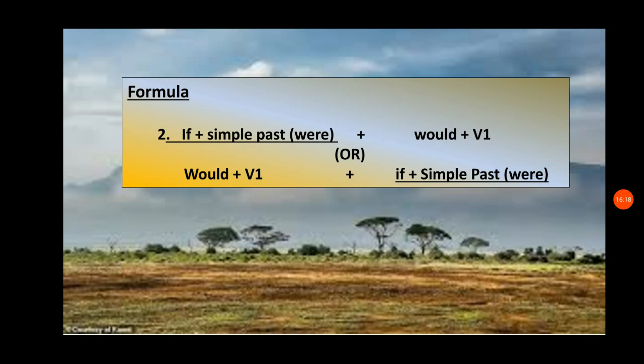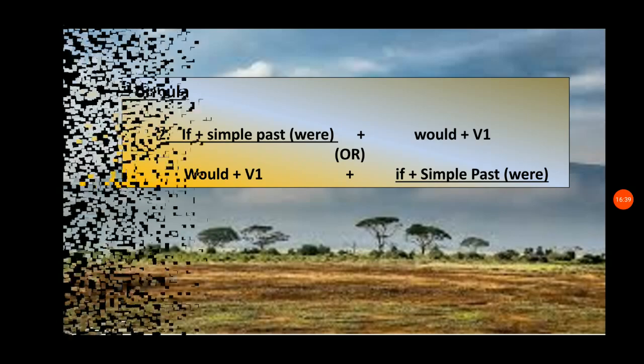But in this condition we can use the past form of the be verb, were, with all the pronouns, all the nouns. For I, we, you, they, he, she, it. We can go to the exercise and understand.